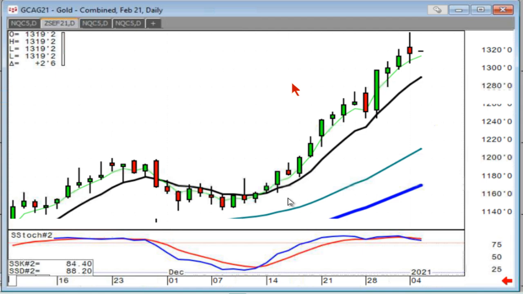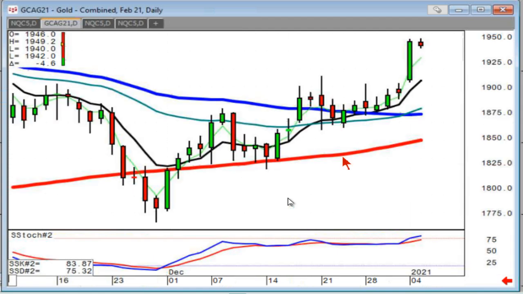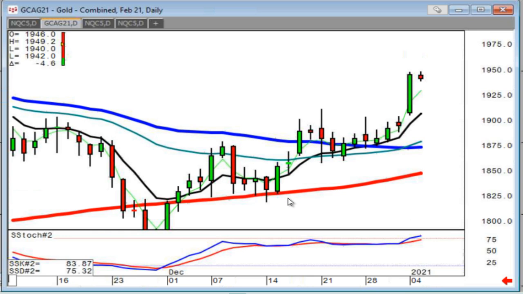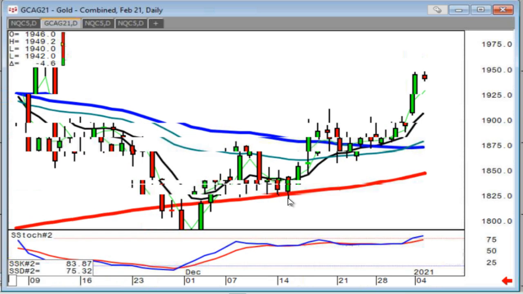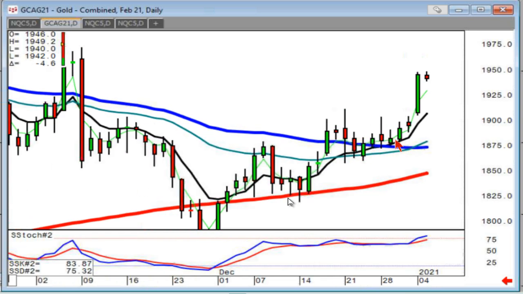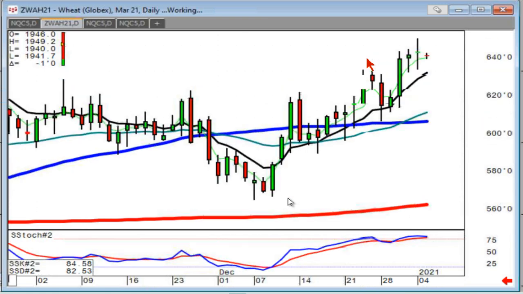Here is gold, also setting up nicely. You can see how gold supported right here at the 50, doing kind of a J-hook pattern. Wheat, kind of a slower uptrend, not as convincing.